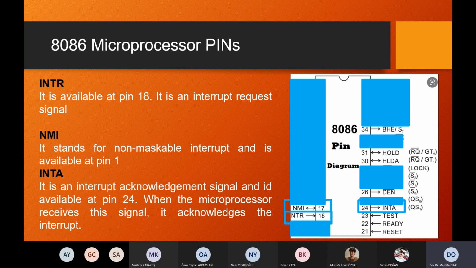So as long as there is a signal in the interrupt input, it will always be jumping to that location over and over again.